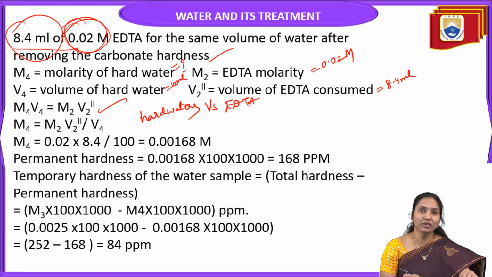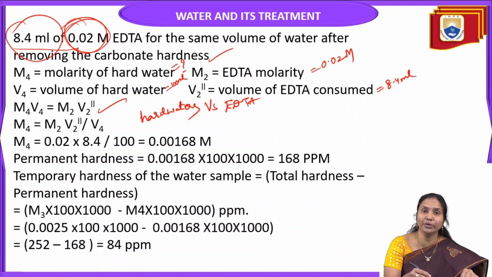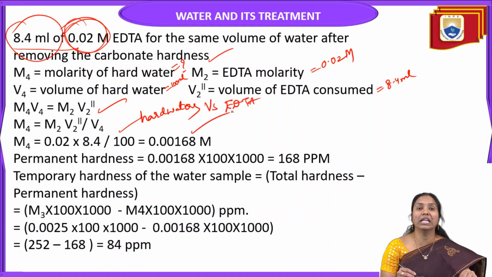M4 equal M2V2 by V4. So M4 equal 0.02 into 8.4 by 100. So it's equal 0.00168. So the molarity of permanent hard water is equal 0.00168 m.